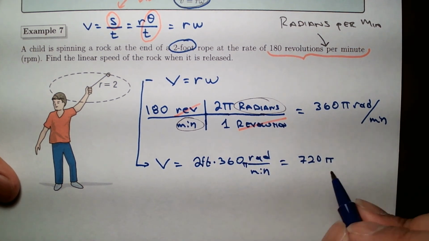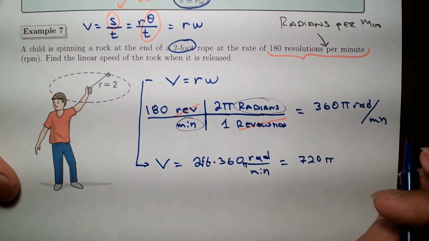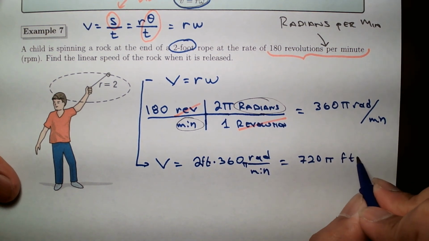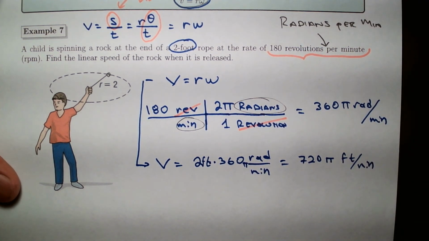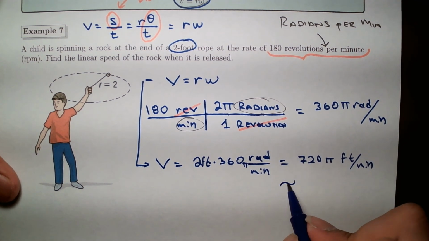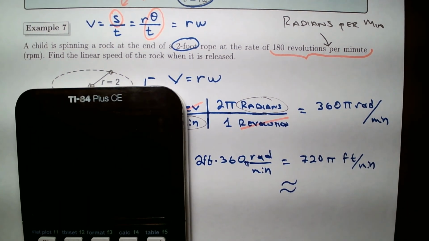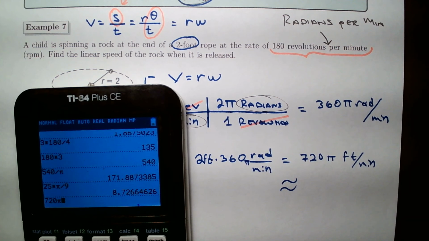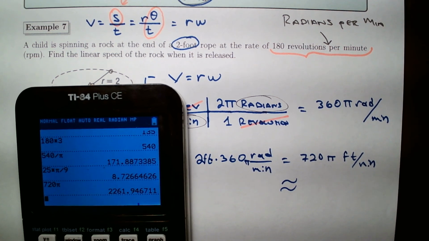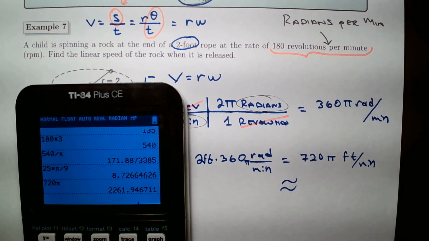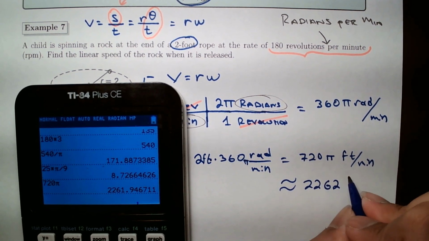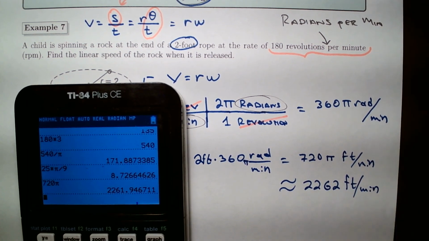We can skip the radian symbol and simply say this is 720 pi feet per minute. And we can approximate this by multiplying 720 times pi, which is roughly 2261.9. Let's round to the next integer, 2262 feet per minute.